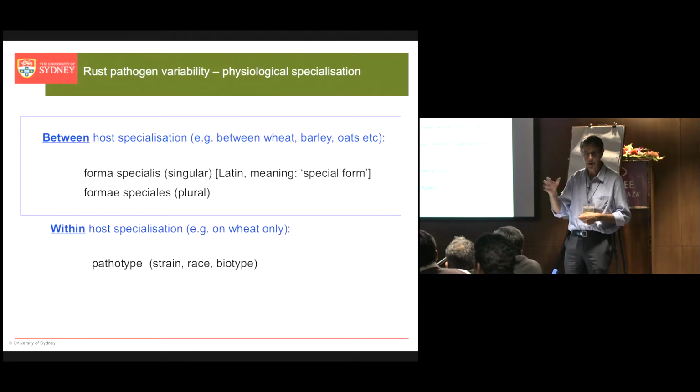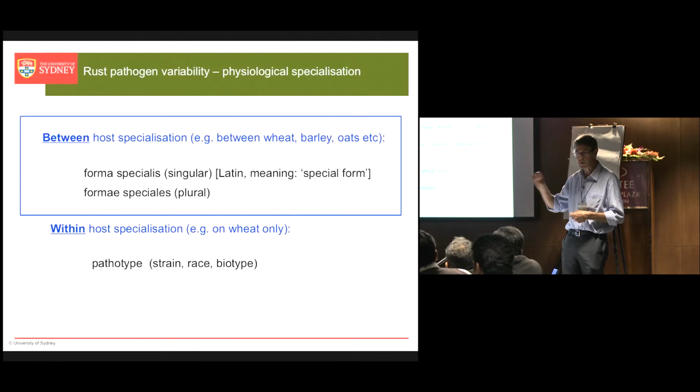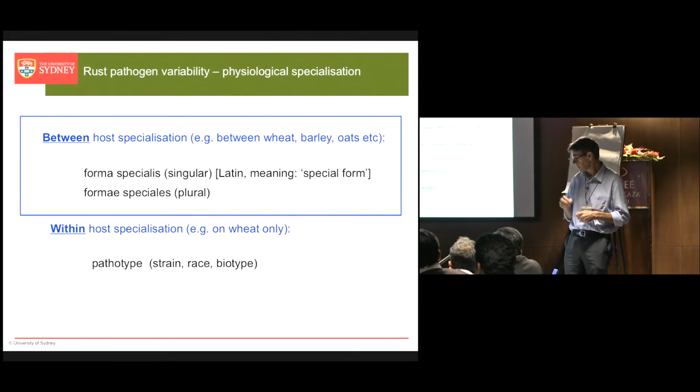This was discovered, as I showed in the previous slide, by a man called Erikson, and what he found was that you could take different isolates of a rust pathogen from different hosts and they showed specificity on those hosts. So this is between host specialization, between wheat, barley and oats, for example.